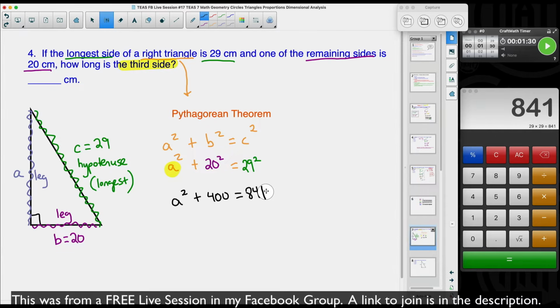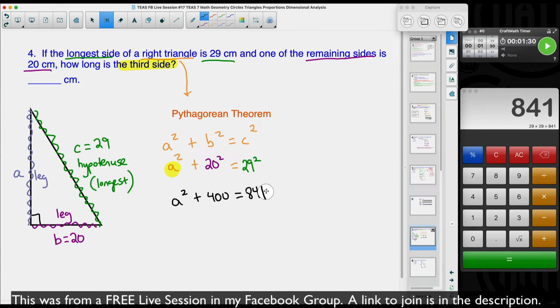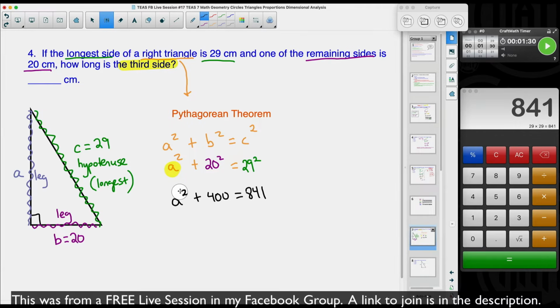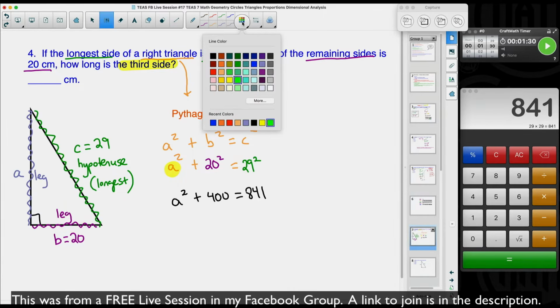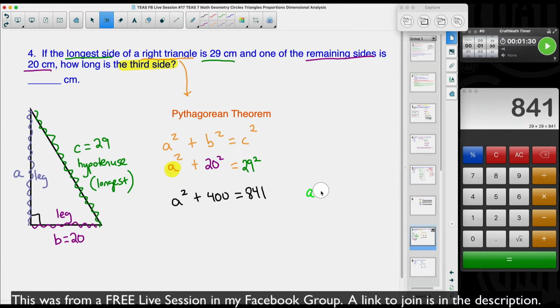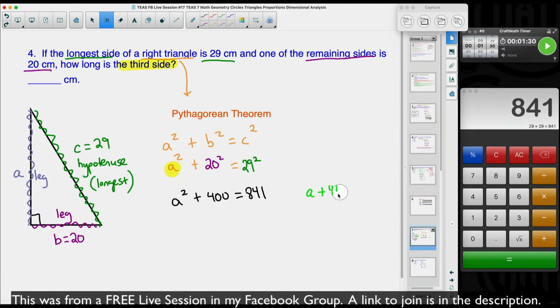Now, I know some of us in here, there's a good chance, we have almost 80 people in here, I'm guessing around half of us are kind of iffy when it comes to solving equations, let alone when you start throwing exponents into equations. So let's just suppose this equation was A plus 400 equals 841.